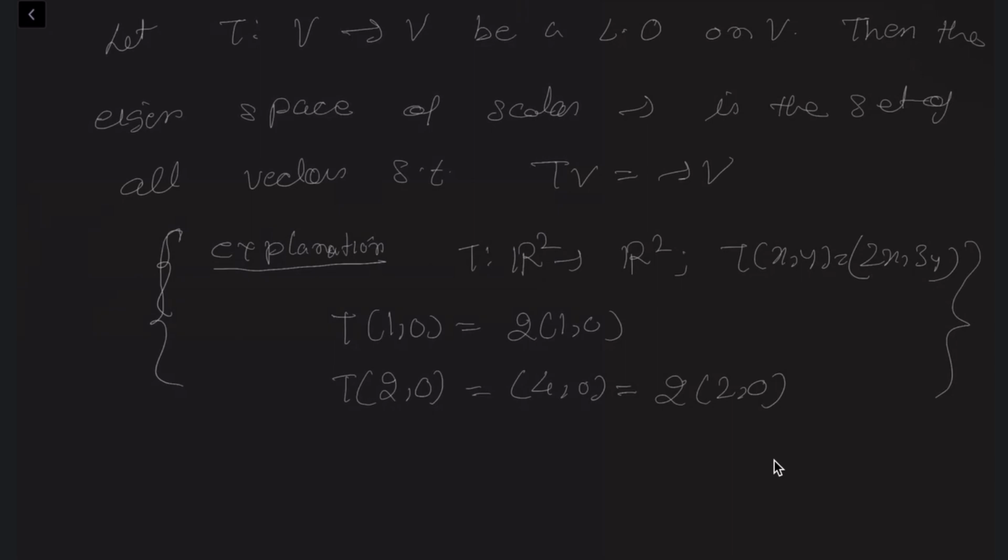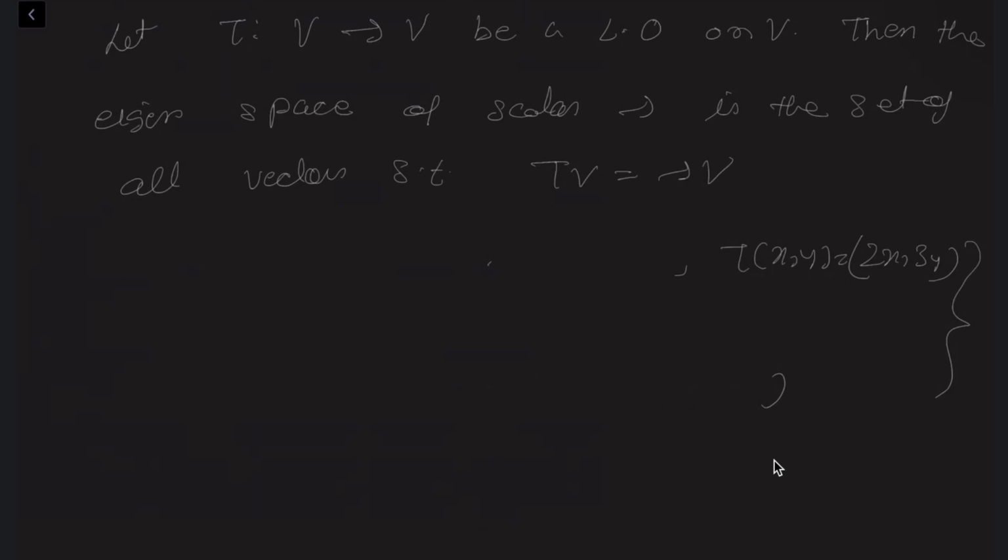Okay, fine, I'll just erase it because this was just for your explanation. So T of V equals lambda V. Now this I can also write as T minus lambda I times V equals 0.